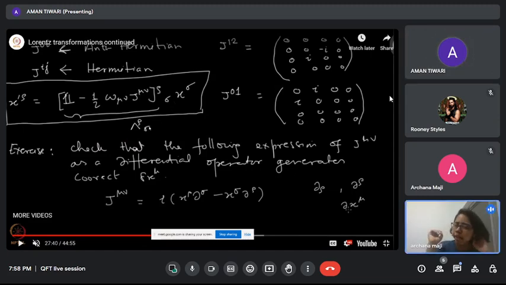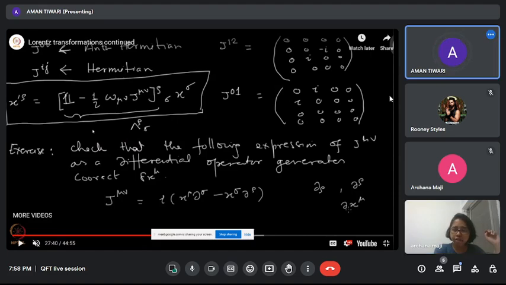So I think a better notation would be identity with rho in the contravariant index, sigma in the covariant, multiplying x sigma minus half omega mu nu, then j mu nu whole, only j mu nu is having that rho sigma index. That can be a better notation.